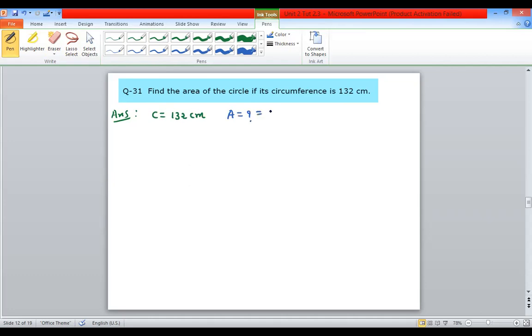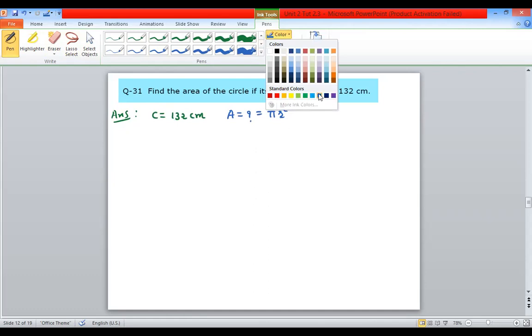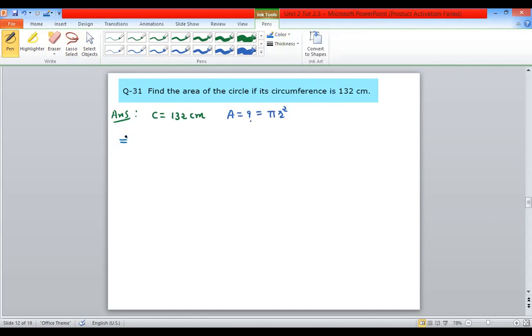That is pi r square. I again need r, so using the formula of circumference, that is 2 pi r, it's 132 centimeter.